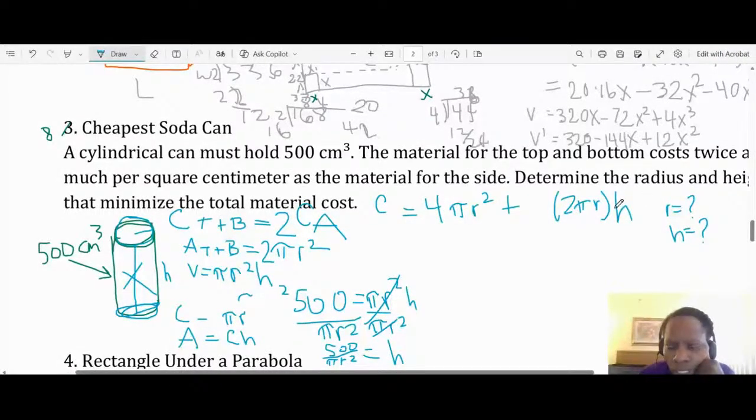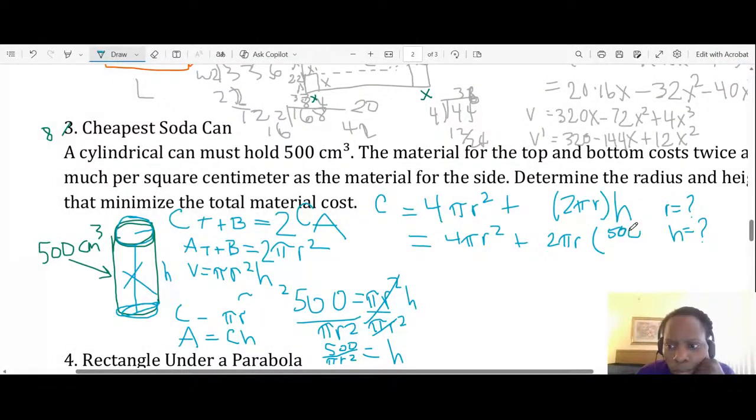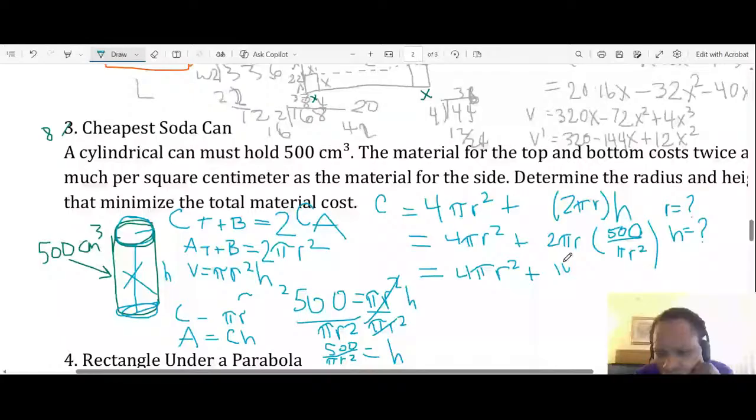I'm thinking that if h is, okay, so we got 4 pi r squared plus 2 pi r times 500 over pi r squared, right? So that's equal to 4 pi r squared plus 1,000 over r.